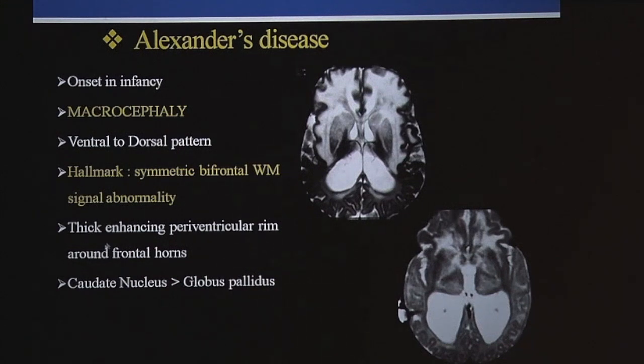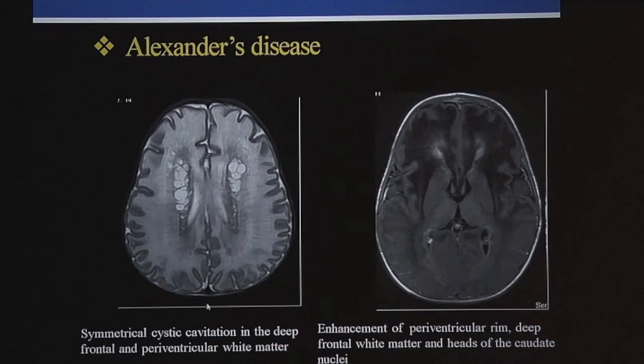This is one more condition besides adrenoleukodystrophy where you get enhancement at the affected and unaffected white matter interface. And again, because this disease has a ventral to dorsal pattern, caudate nuclei get affected earlier compared to globus pallidi.